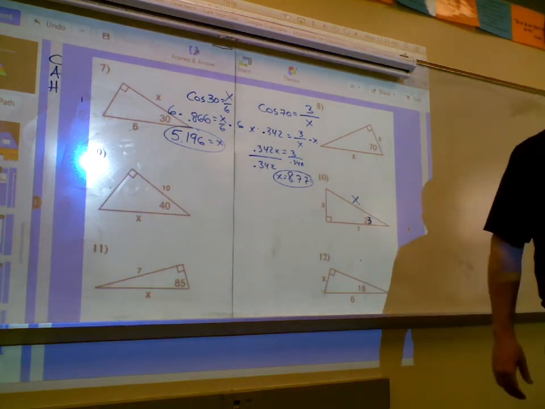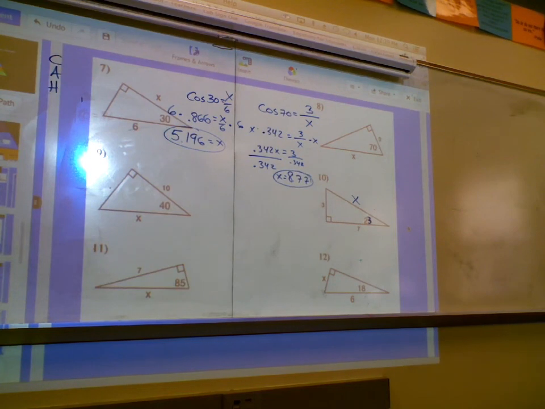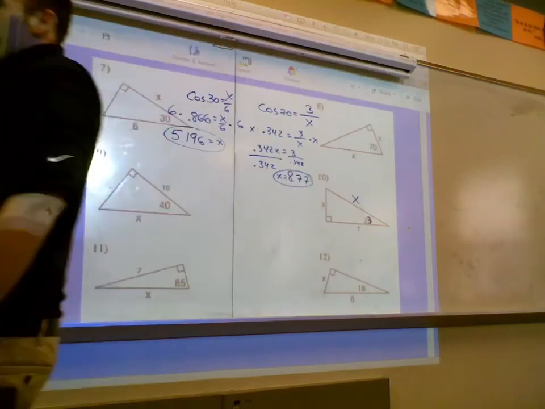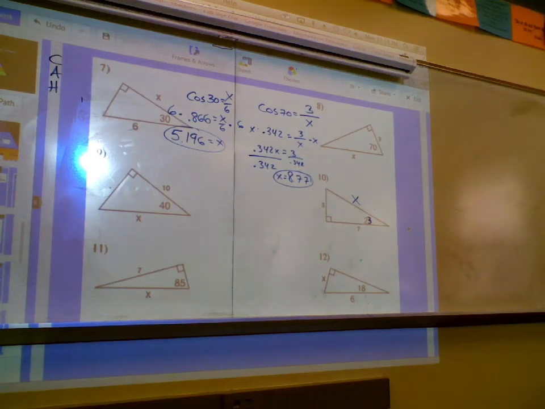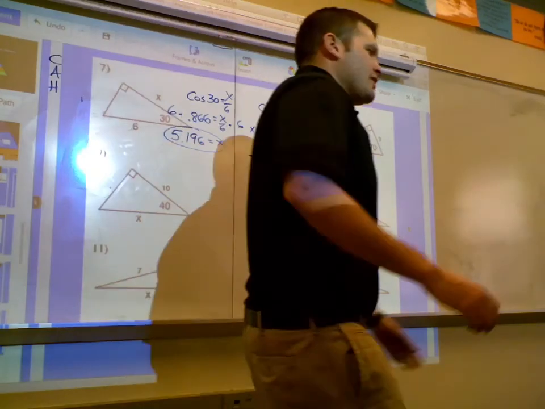You're going to use 67. So which one's adjacent to 67? And the hypotenuse you can call x. You got it? Sometimes too much information is a bad thing, huh? You're going to use 23? I wouldn't use 23. 7 over. Good job, Peyton.